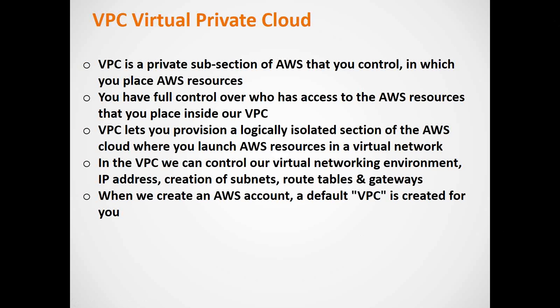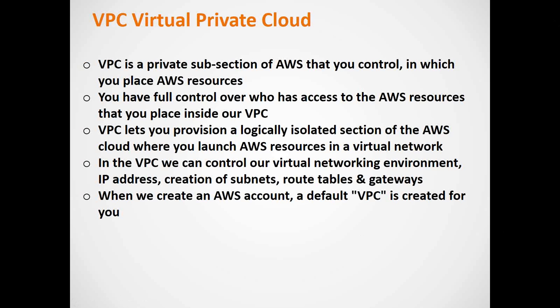That's exactly like how you have a separate network within our organization in a data center or a lab. Similarly, a VPC is nothing but a private network where, if you put some resources inside it, we have control over who should be able to access and who should not. Okay, so that is how you can create a private network using this Virtual Private Cloud.